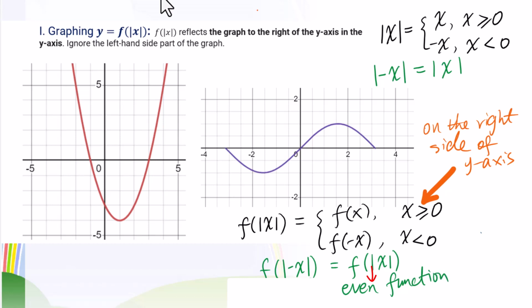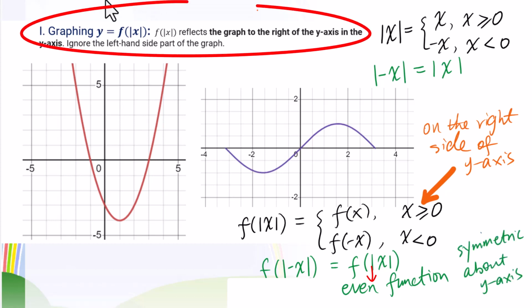The graph will be symmetric about the y-axis. In other words, f of absolute value of x reflects the graph to the right of the y-axis in the y-axis. Ignore the left-hand side part of the graph.